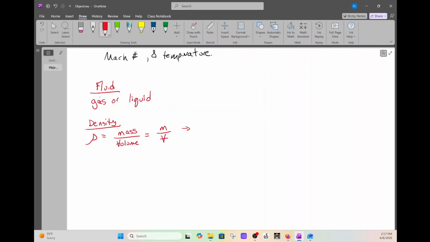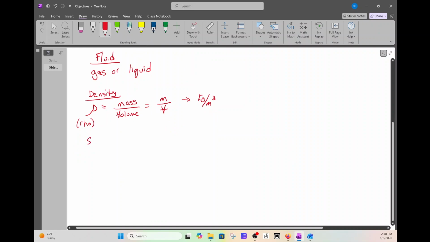Units, kilograms per meter cubed in SI. And just to give you this, again, we have mass, volume, density. This is rho. It's the amount of mass per unit volume.